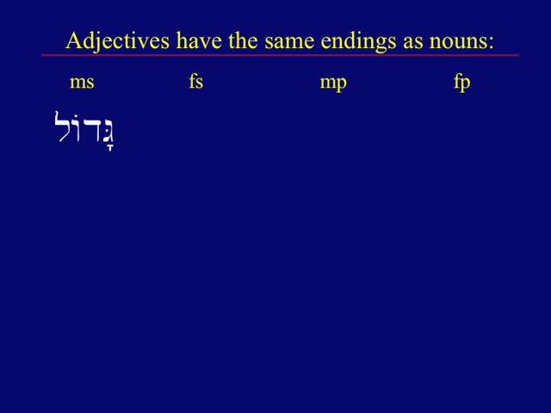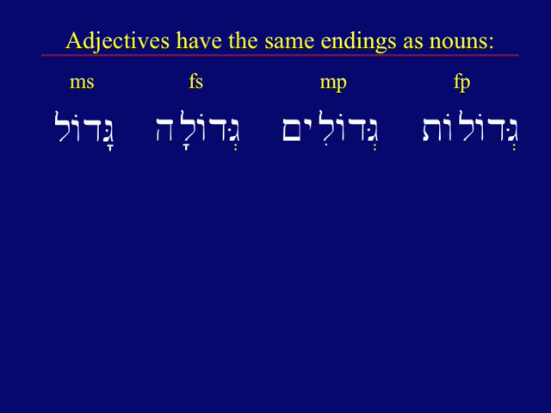Adjective gadol, but if the adjective describes a feminine singular noun, then gadol becomes gadolah with propretonic reduction. Or gadolim for masculine plural, gadolot, feminine plural. So if these were books, right?